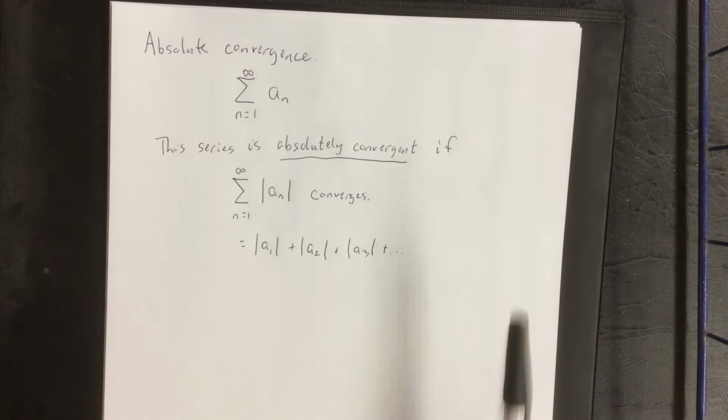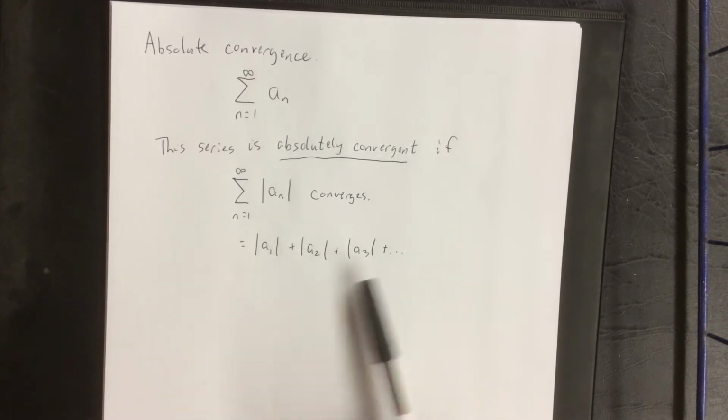The only time that absolute convergence differs from convergence is if you have a series that contains both positive values as well as negative values.